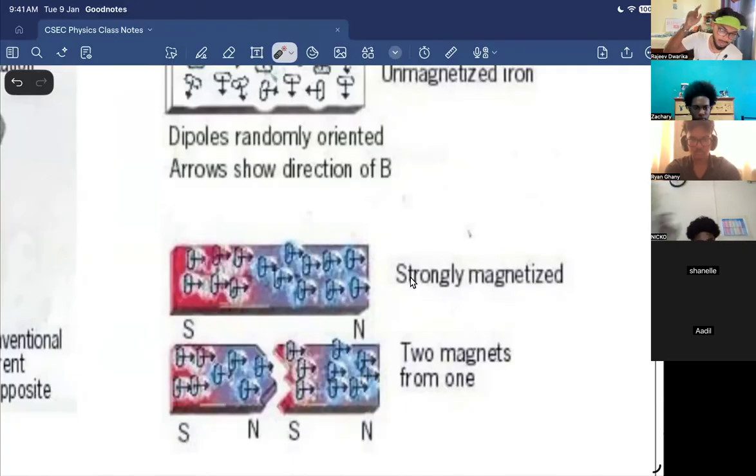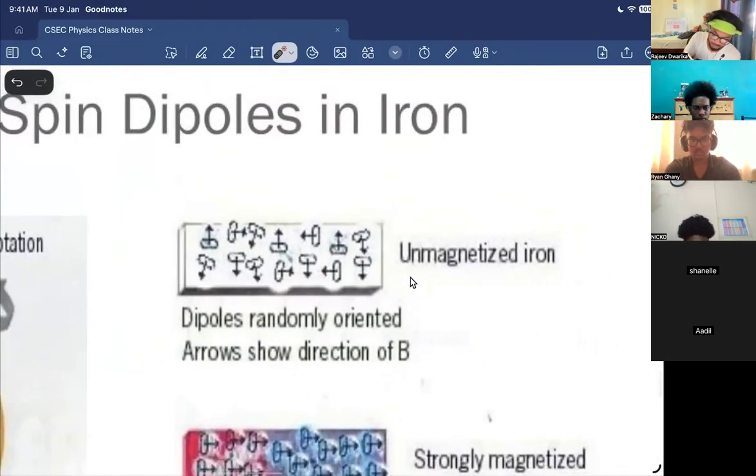When I say magnetic domain, I'm just talking about combining dipoles pointing in the same direction. You see how this dipole and this dipole are pointing in the same direction? I'd call it a magnetic domain.